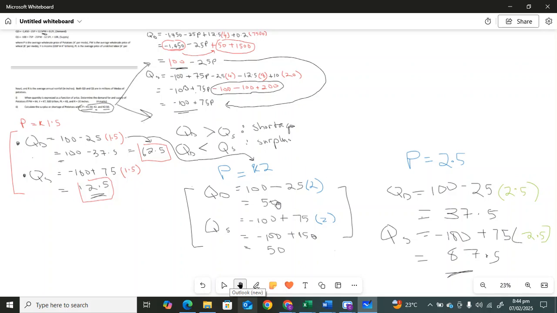We already know the equilibrium price is 2. But I just want you to calculate it, to find the quantity. How to find the equilibrium quantity?